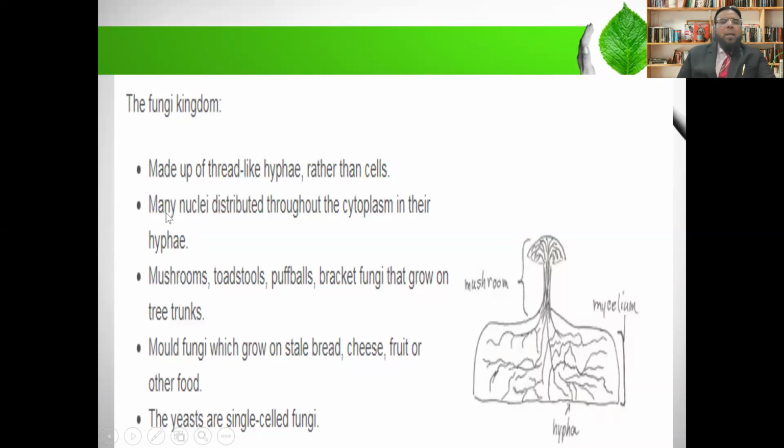And many nuclei are distributed throughout the cytoplasm in their hyphae. Examples: mushrooms, toadstools, puffballs, and brackets, fungi that grow on tree trunks. Molds are fungi which grow on stale bread, cheese, fruits, and other food. Yeasts are single-celled fungi.